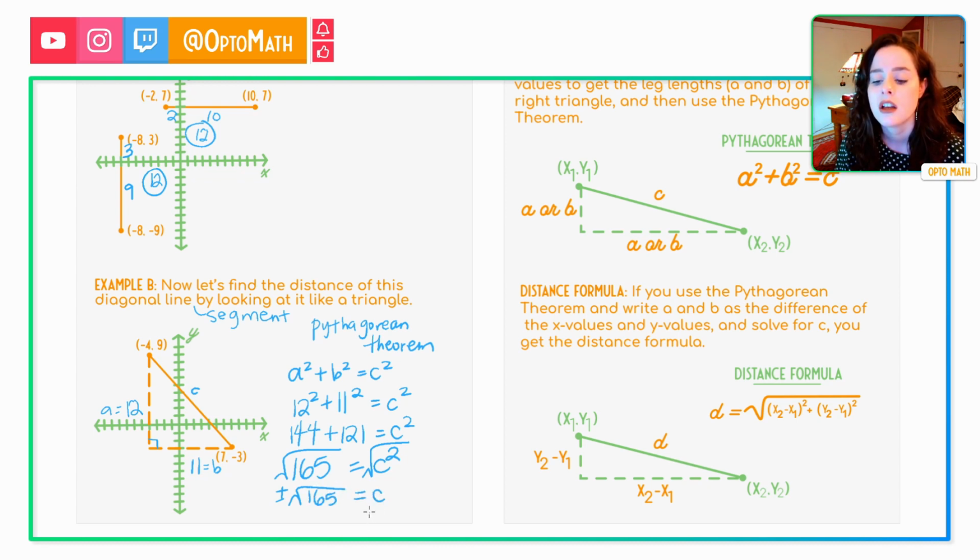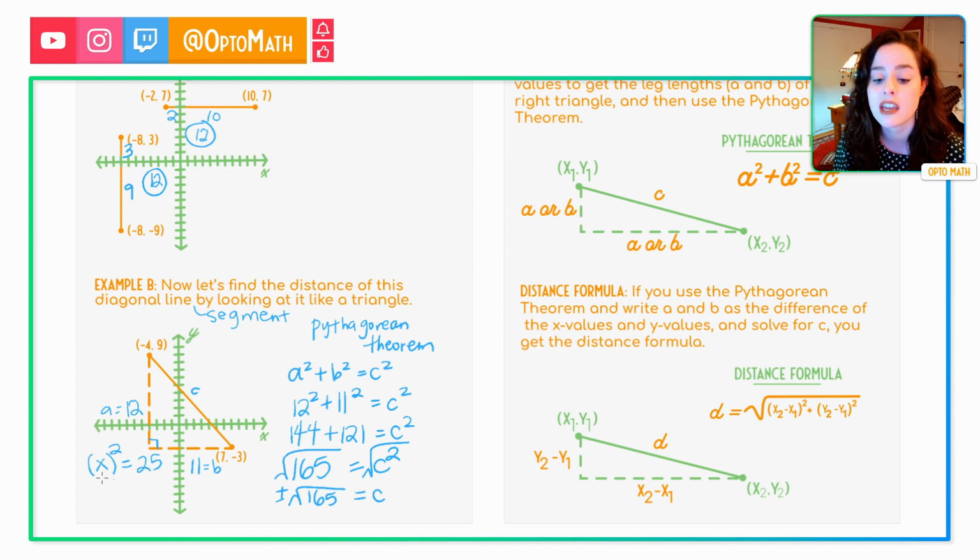And that's C. The reason it's plus or minus is because if you are squaring a positive number, it'll stay positive. But also, if you're squaring a negative number, it will still end up positive. Think about this. If x squared is 25, and you take the square root of both sides, you get 5, right?